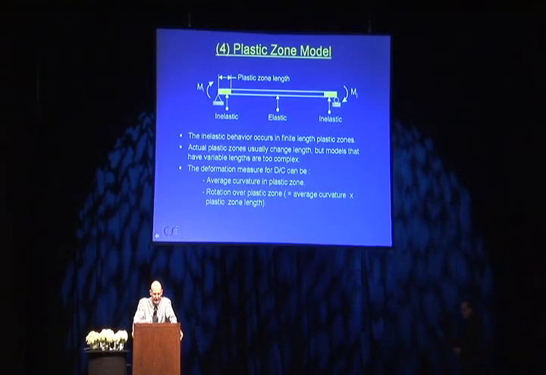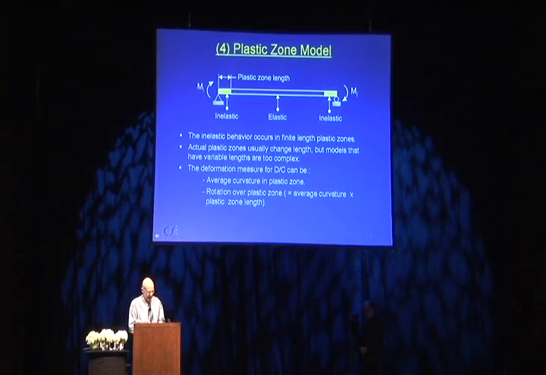They're not fixed in length. There have been some theories that seek to model the behavior in terms of a plastic zone which changes in length, but they're awfully complicated. They're really too complicated for practical application. So practically, I think you have to go with a fixed plastic zone length. The issue is how long should it be? I'll talk about that in just a moment.